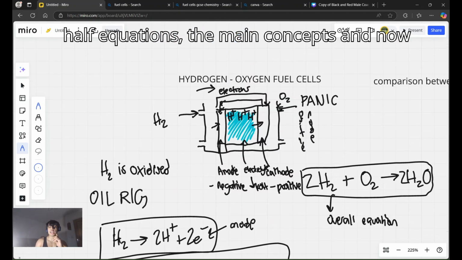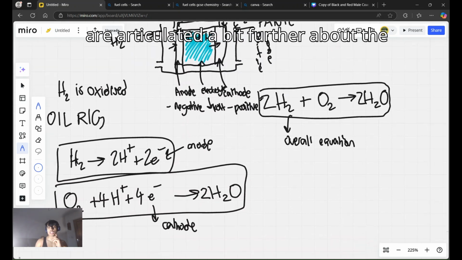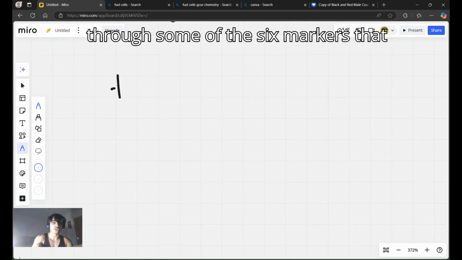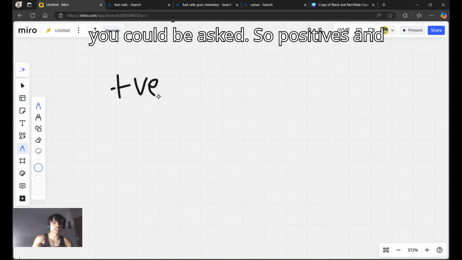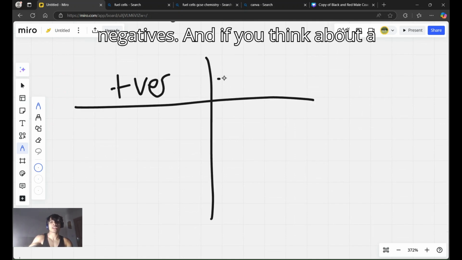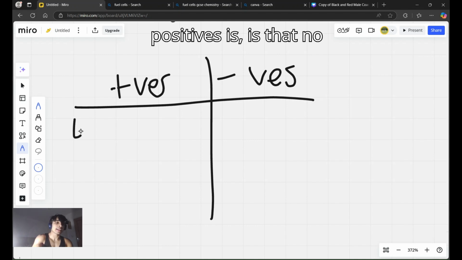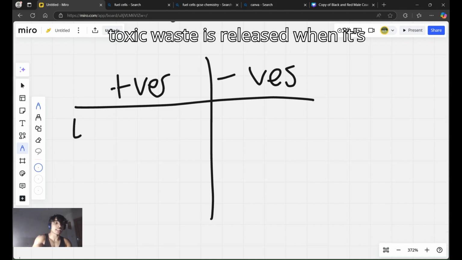These three half equations are the main concepts, and now I'll articulate a bit further about the positives and negatives, and then we'll go through some of the 6 markers that you could be asked. So, positives and negatives. If you think about a hydrogen and oxygen fuel cell, one of the positives is that no toxic waste is released when it's disposed.